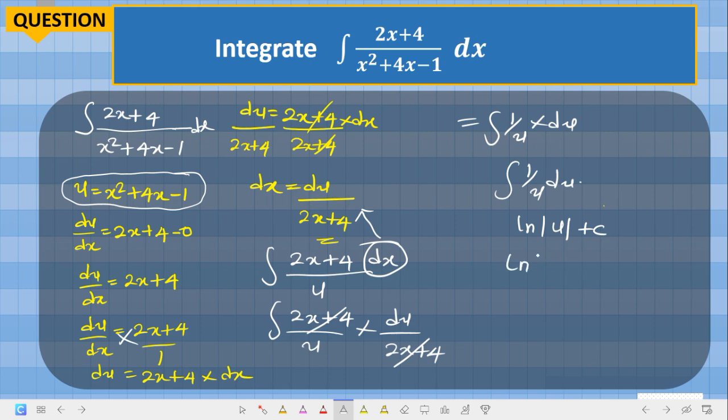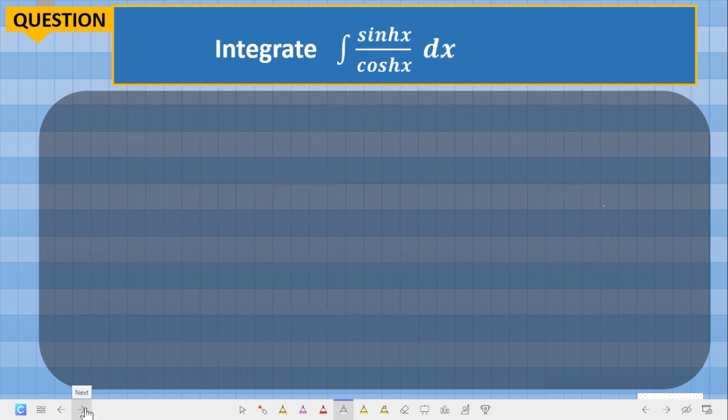And this becomes the natural logarithm of, what is our u? Our u was x squared plus 4x minus 1, plus c. And that is the answer to that question. Now let's look at the next question.